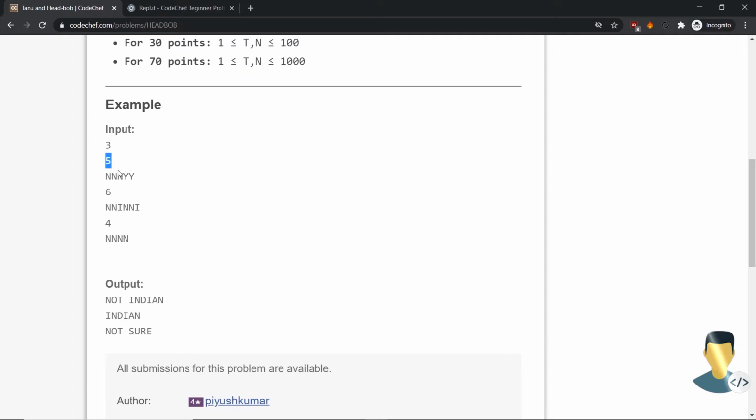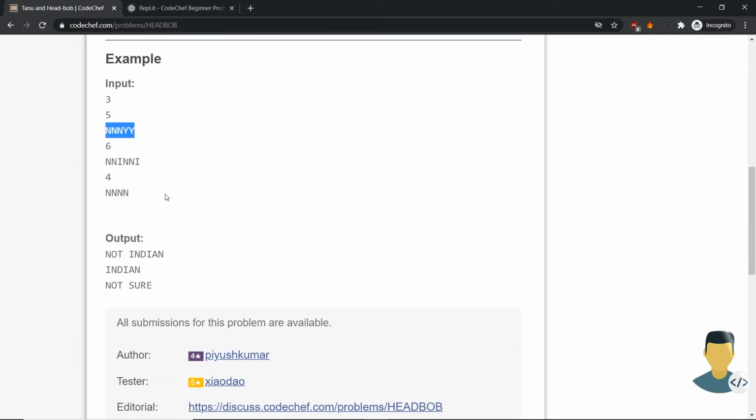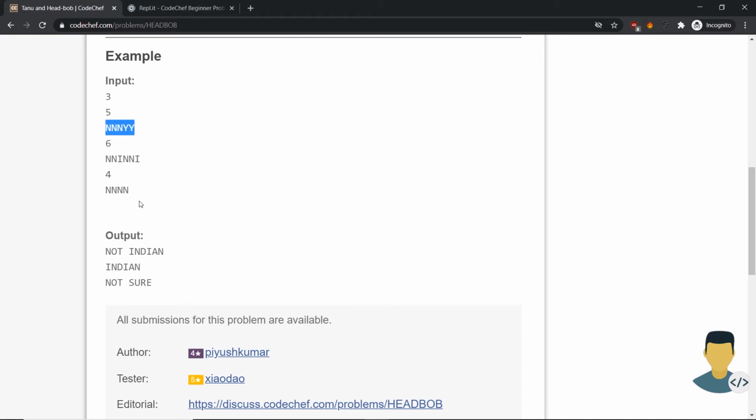In the first test case, we have an N and a Y, because there is no I, we say that he's not an Indian, because he doesn't use I. If there's even one I, then we are going to say that he's an Indian.